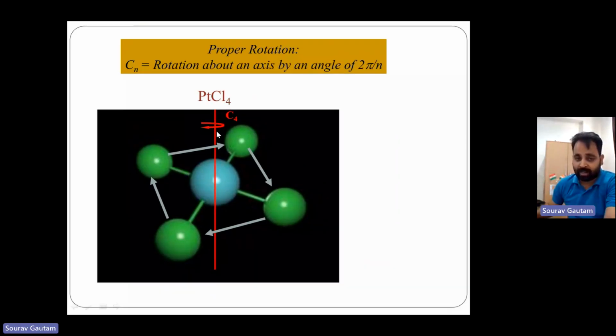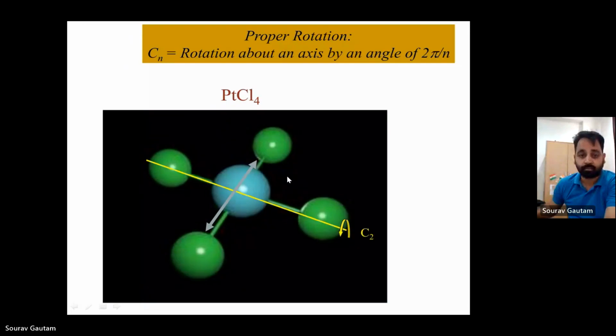As an example, PtCl4: in this, the red line is the z-axis. This z-axis is C4, in red, about which 4 rotations are carried out, and then we get an identical configuration. The yellow lines are for subsidiary axes: 1 rotation, second from this side, third between 2 edges, and fourth on this side.